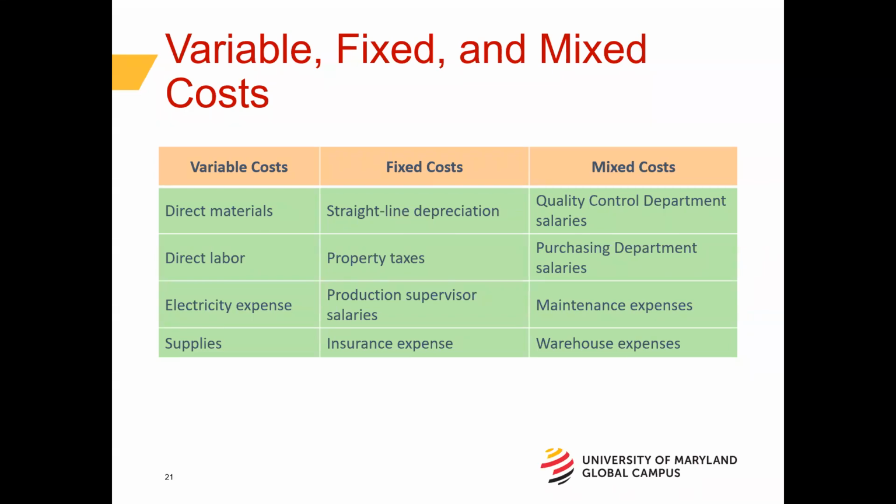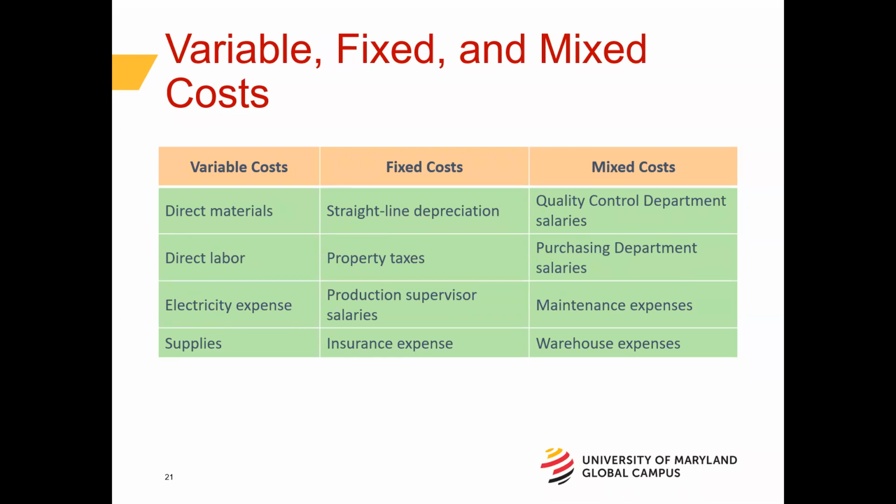What they're doing in that process is they're checking for the quality of the build. I think it's really cool. The reason why that's a mixed cost is because it's dependent on two things. One, there's salaries involved. So salary, the term is fixed, right? But they are paid additional based on the number of quality control inspections.